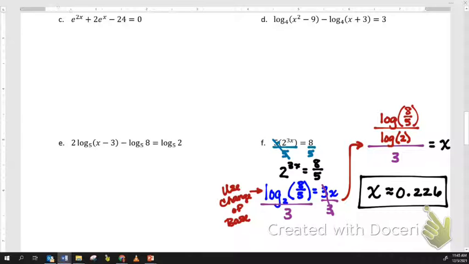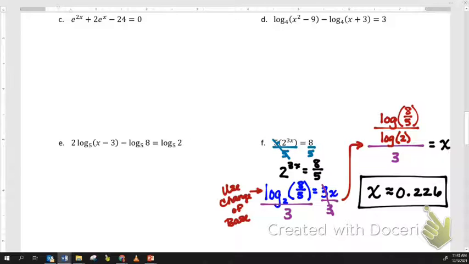What else do you guys want to look at? Part D, got it, yes. I only have logs on one side of this equation.